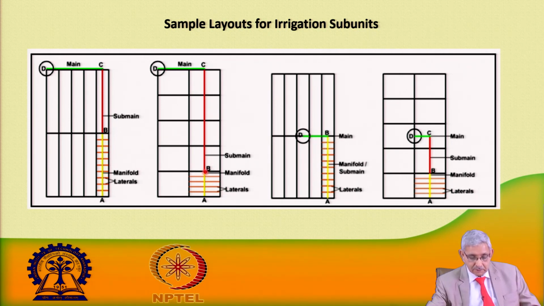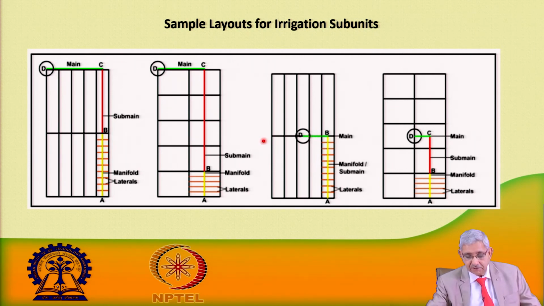The length of the sub main manifold is reduced, and the length of the lateral is increased. So, this would be another way, and one has to find out the real economics and the amount of power being generated. So, this can be another strategy.